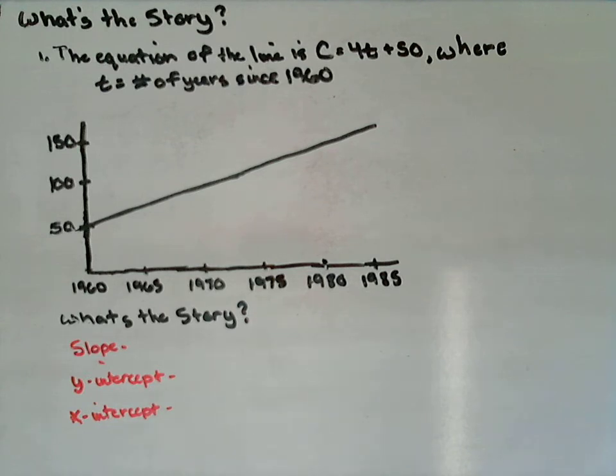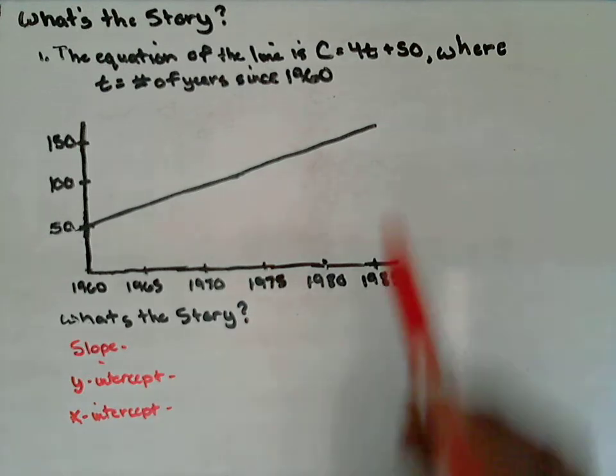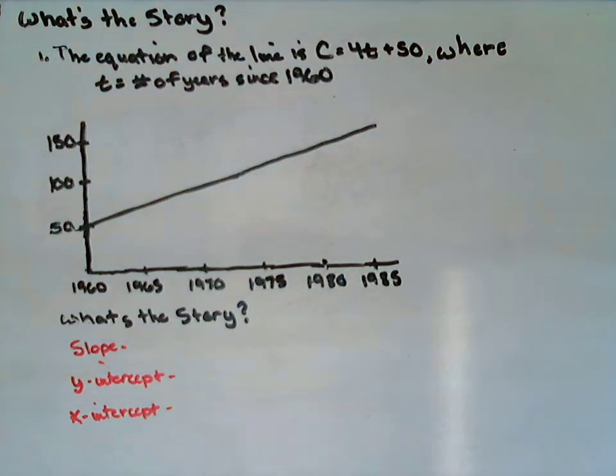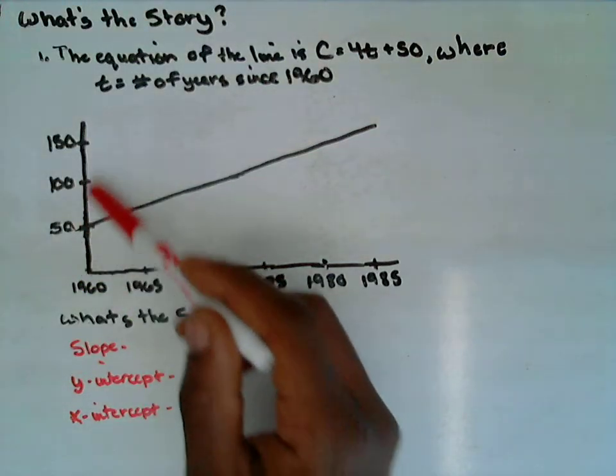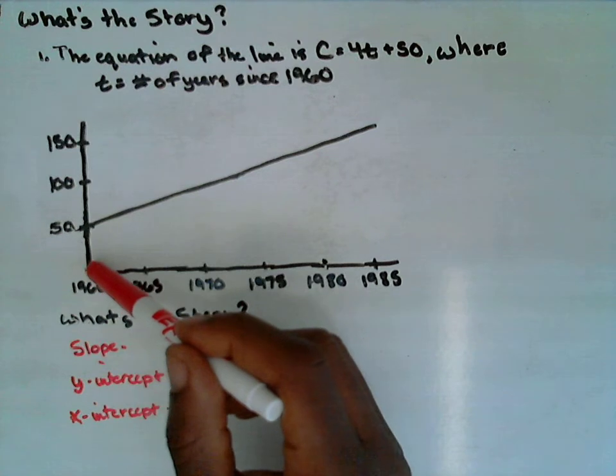Now the slope in this equation is 4. When we look at that again, slope is rise over run. So we've got basically 4 over 1, and our rise is 4 for every run of 1.